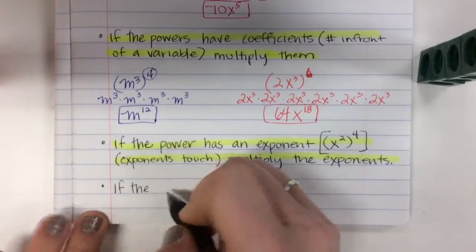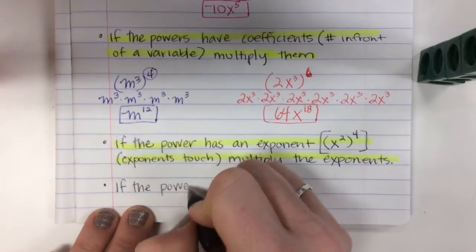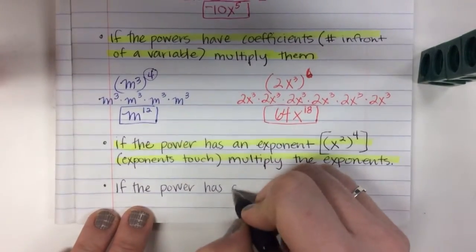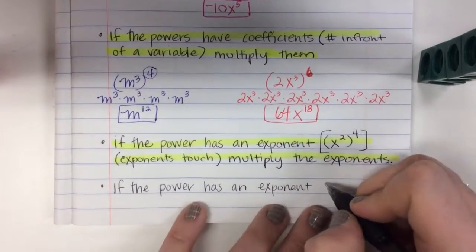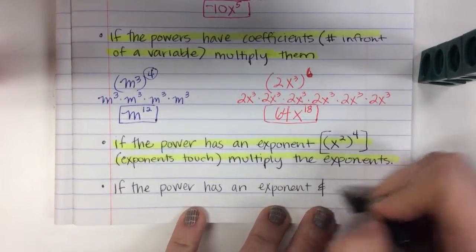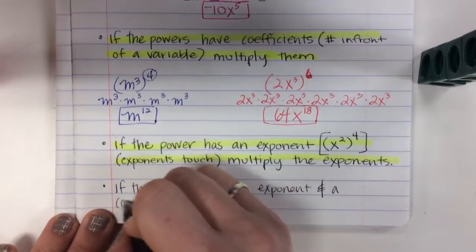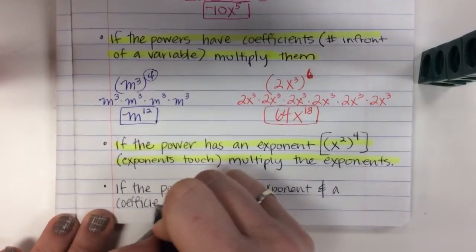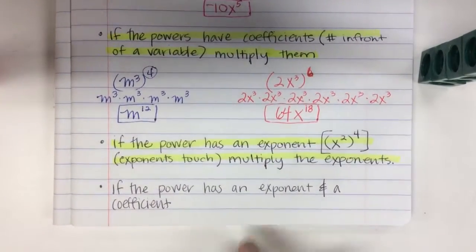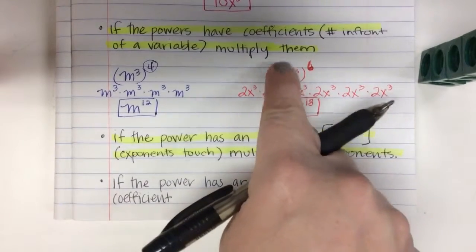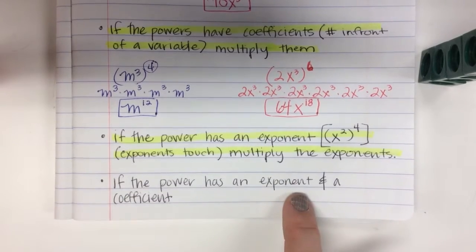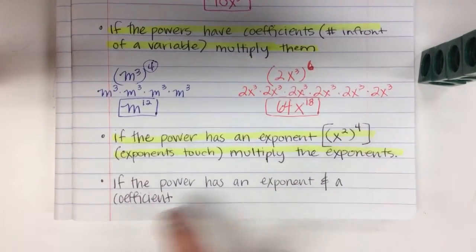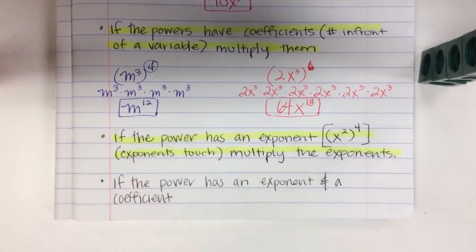If the power has an exponent and a coefficient, like in this problem right here, 2x to the 3rd to the 6th. It has its own exponent of 6, but it also has a coefficient of 2.